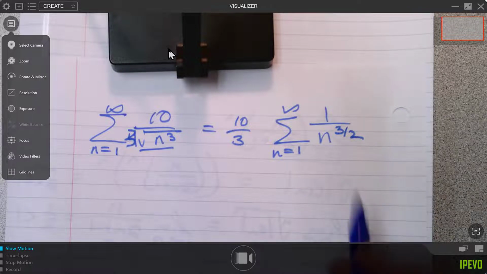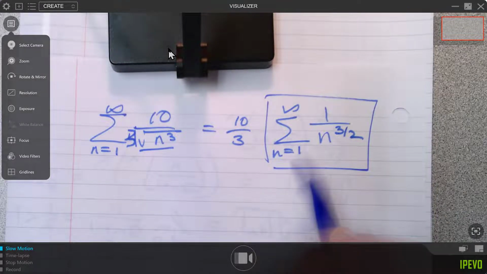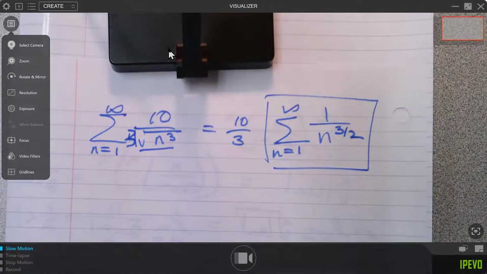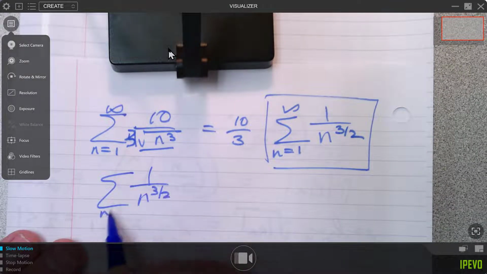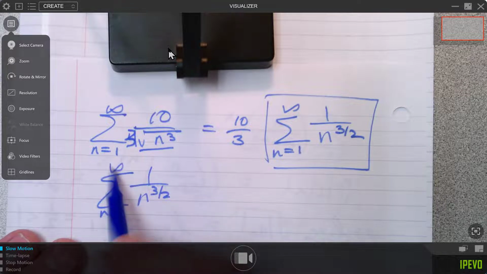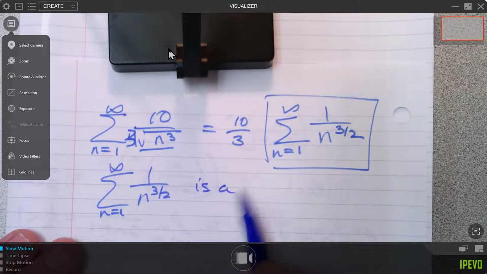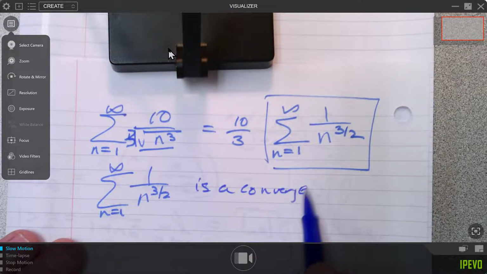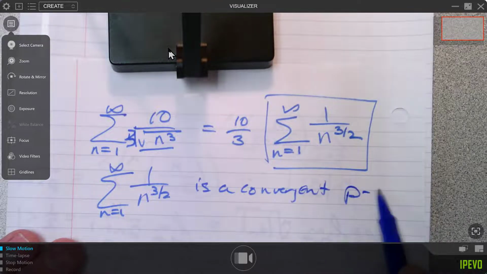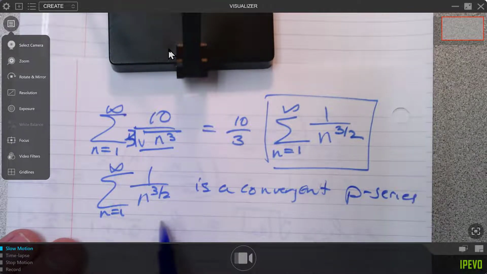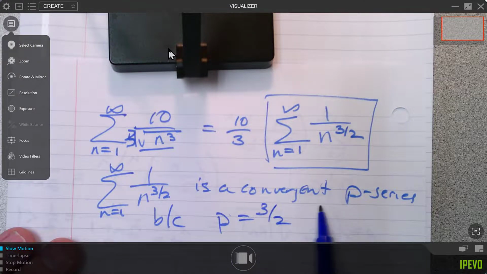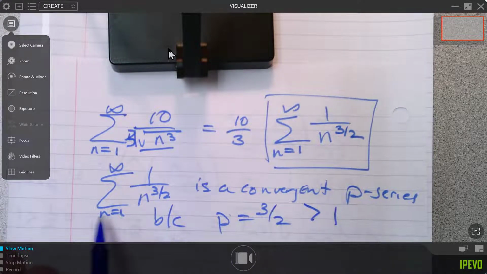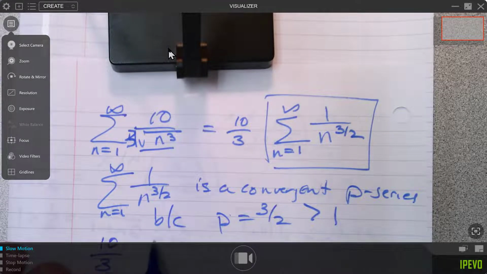Now, like before, that's a p-series. It is a convergent p-series because p is 3 halves, which is bigger than 1. So 10/3 times this series.